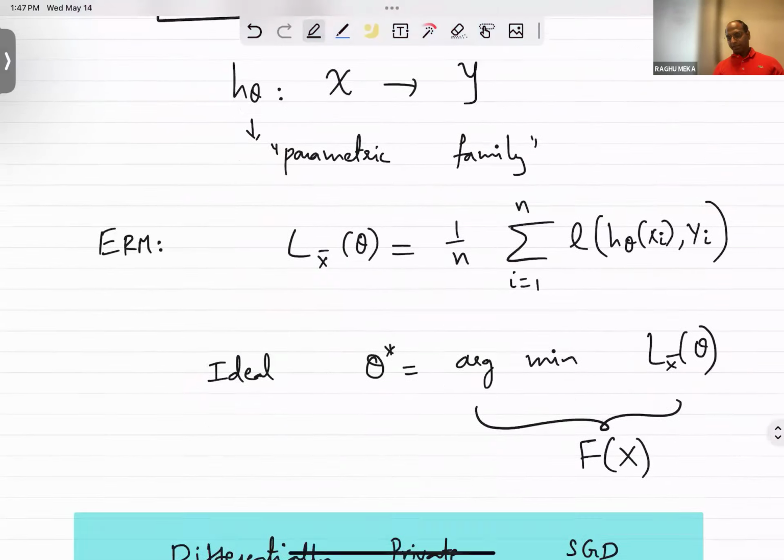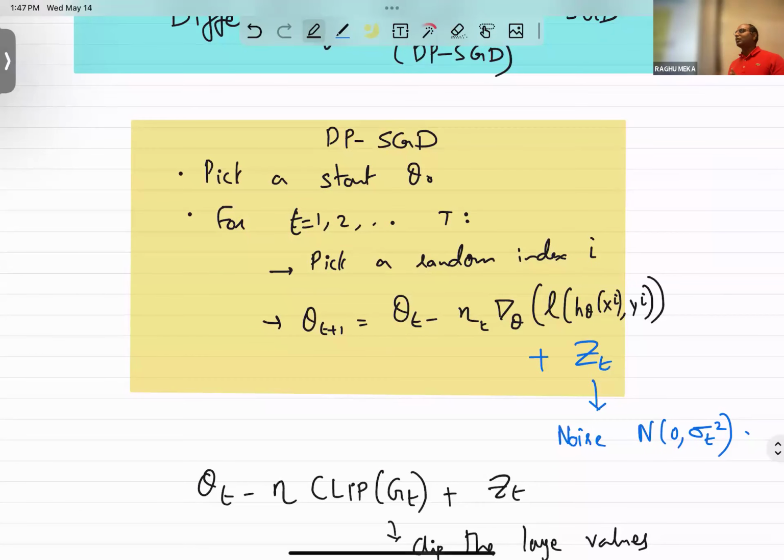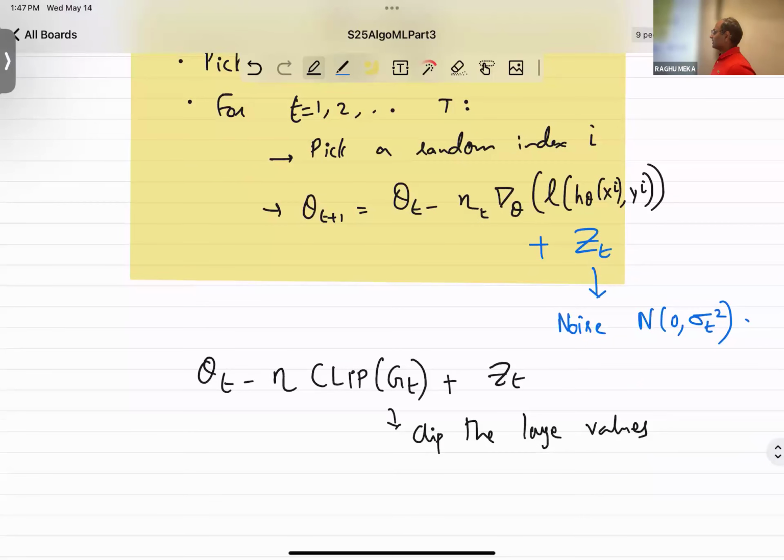And DPSGD would give you such a guarantee. It'll tell you that if I trained using DPSGD, then my model will have differential privacy. Whether or not that privacy is enough for you is a different story, but I have a strong, formal guarantee about what kind of privacy. All right, so this is implemented in many different packages.